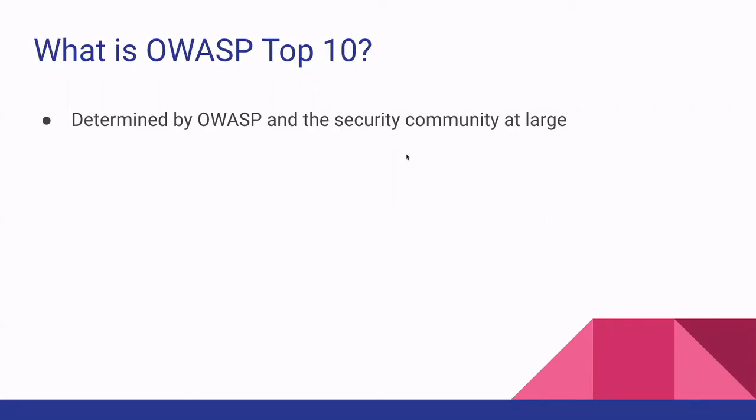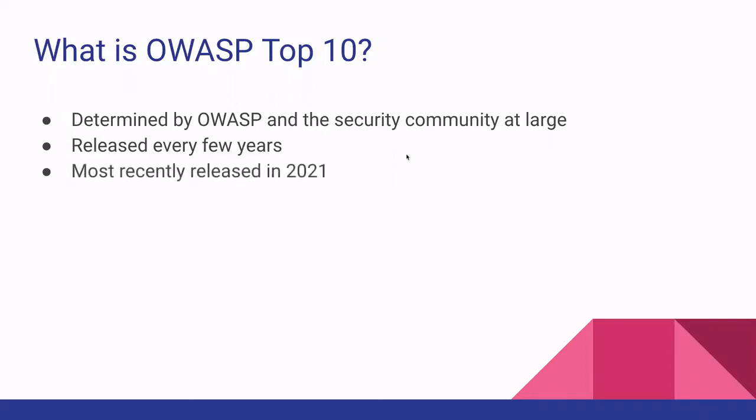They put this together from data and surveys that they conduct with various vendors and popular organizations. They collect this and put it together. This happens every 3 or 4 years, when they release a new version of it. The first time it was released was 2003, and most recently it was released in 2021.